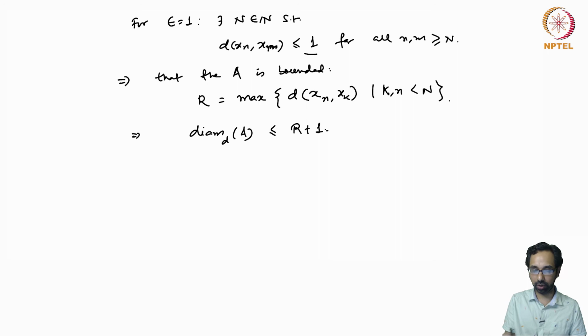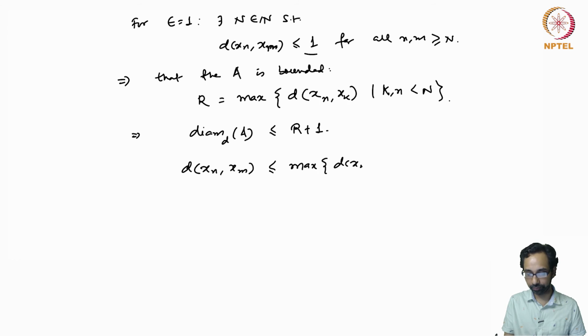to r plus 1. This is because D of, if you take any xn and xm, is less than or equal to the maximum distance of the first n points in the sequence plus 1, and this is less than or equal to r plus 1.